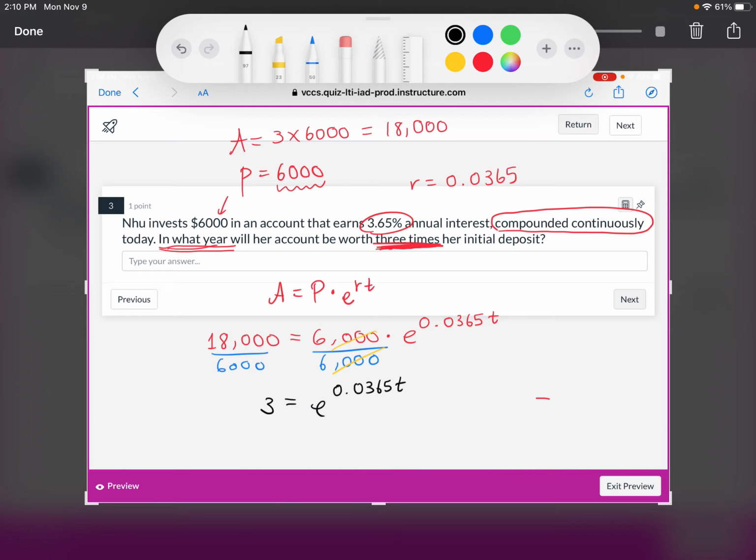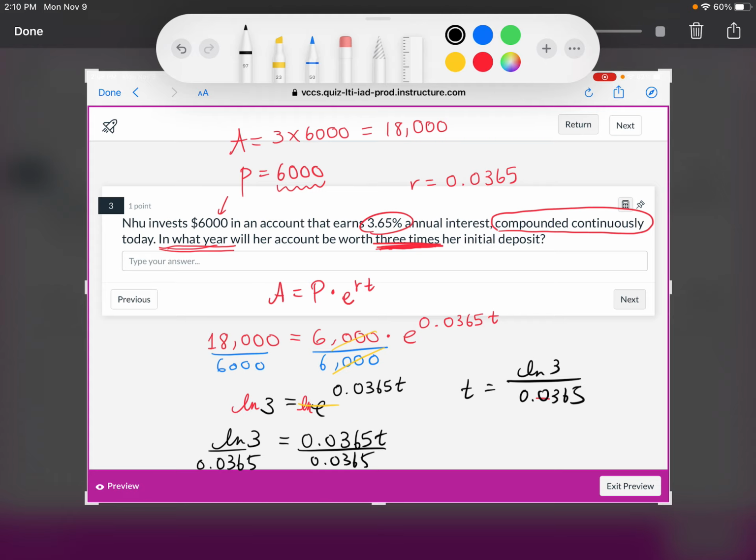0.0365t. To solve this, we're going to take the natural log of both sides. If you take the natural log of both sides, the ln and e will cancel out. So we get the natural log of 3 is equal to 0.0365t. My last step is to divide both sides by 0.0365. So t is the natural log of 3 divided by 0.0365.